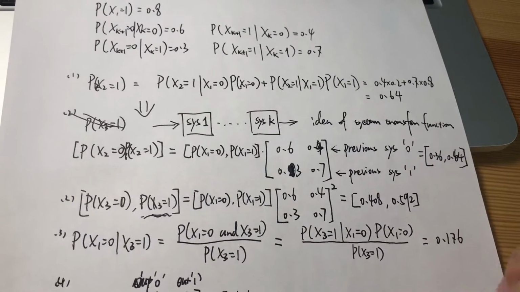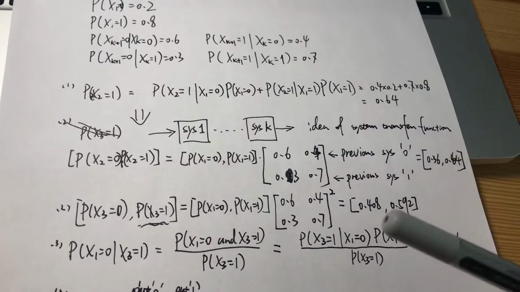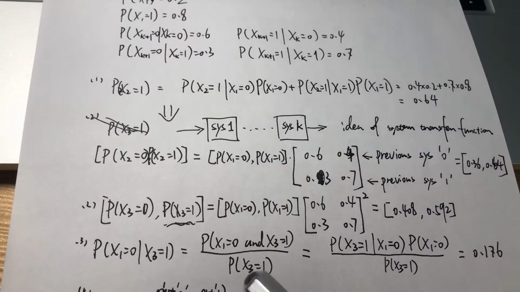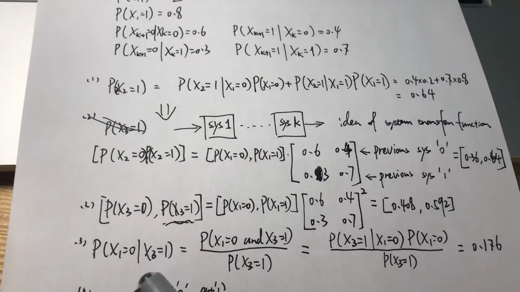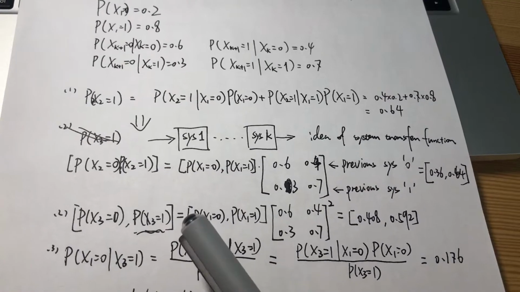The next question asks about the probability of x3 equals 1. We use the same idea here, writing the matrix.